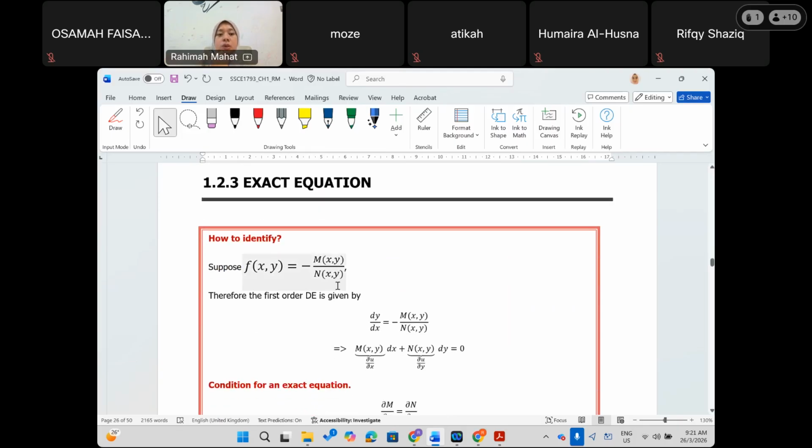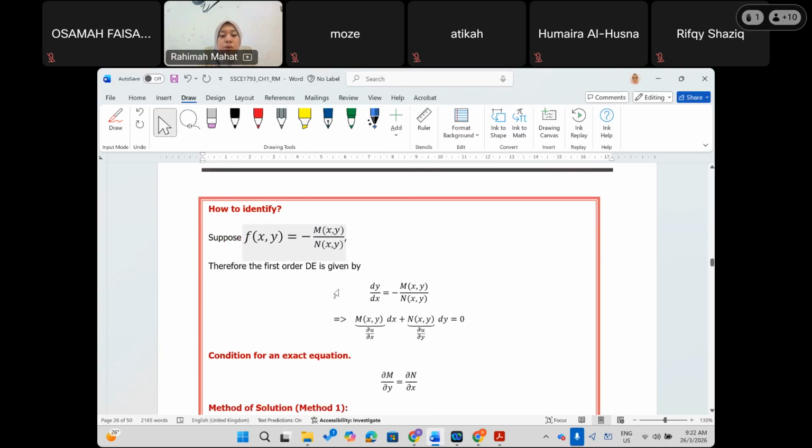Next, we go to the exact equation, how we identify whether it is an exact equation or not. Suppose that f(x,y) is equal to negative M(x,y) over N(x,y). Therefore the first order DE is given by this.